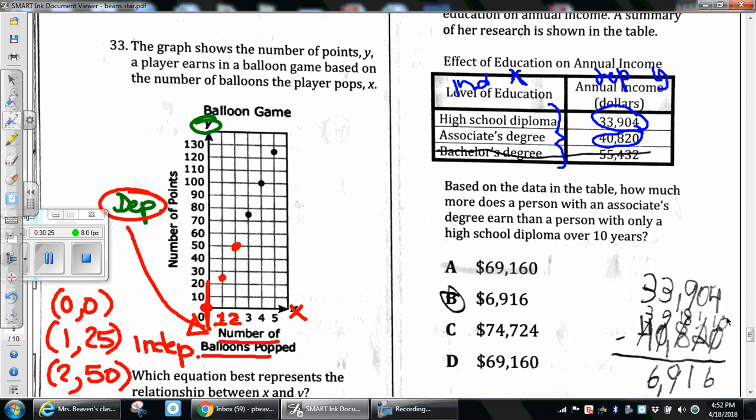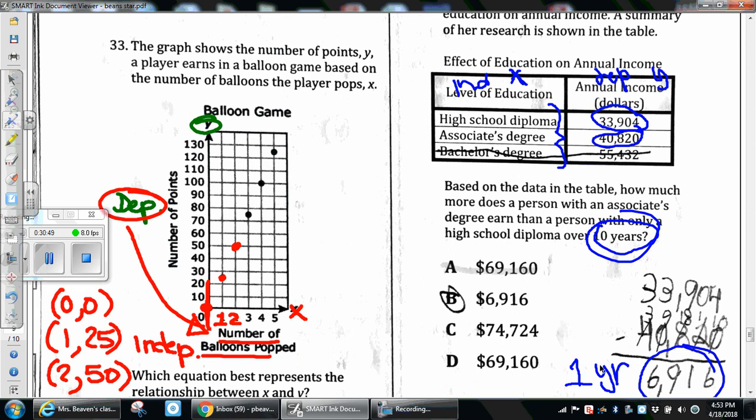Oh, I see. I almost fell for the same trick. So if we were only going to consider 1 year, yes, we would definitely just subtract that. But if that difference keeps being the same for 10 years, and this is that little tricky part of the question, 10 years, then what should we do?